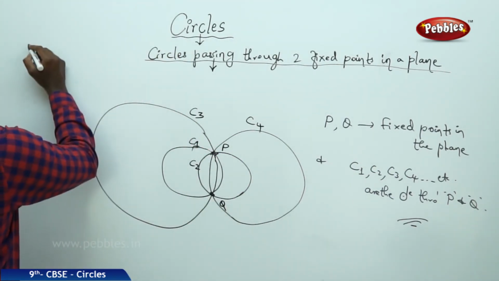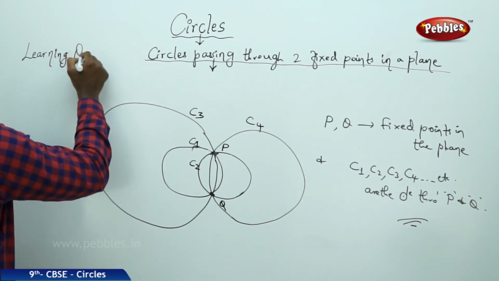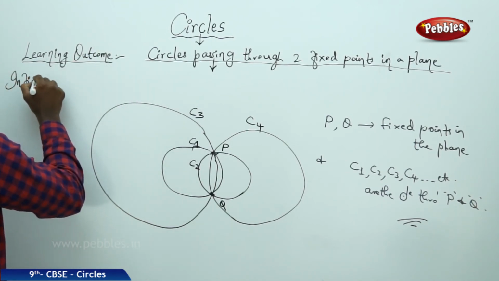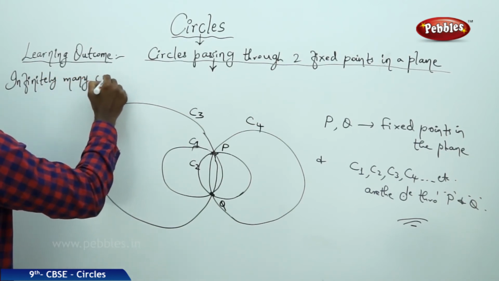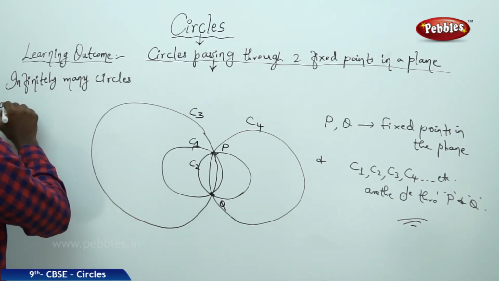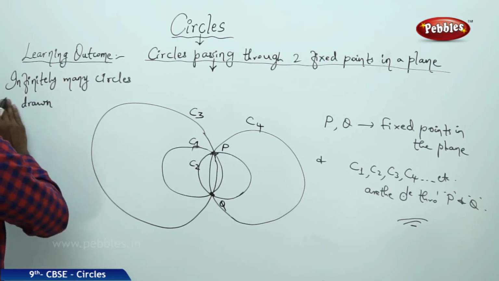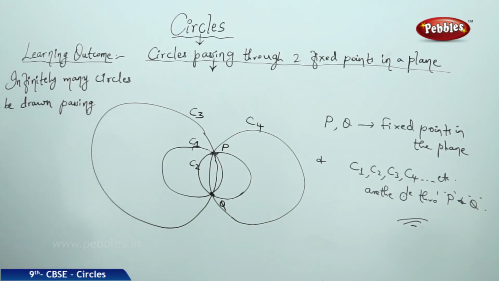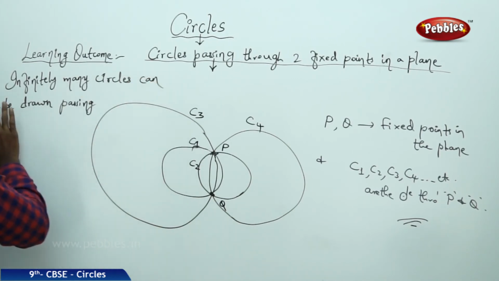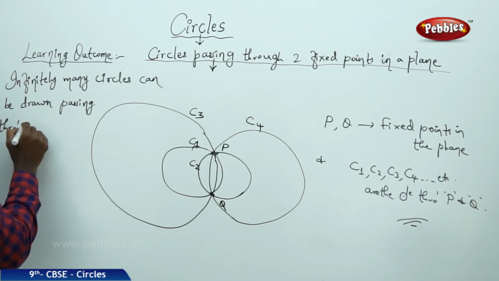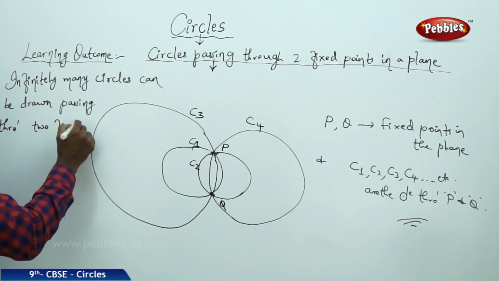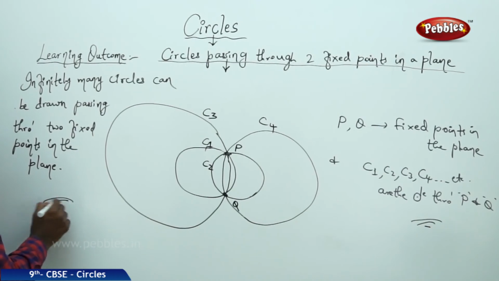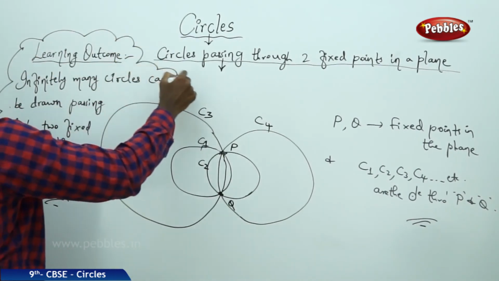So here my learning outcome: infinitely many circles can be drawn passing through two fixed points in the plane is how I make the learning outcome.